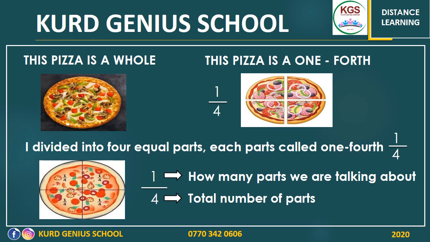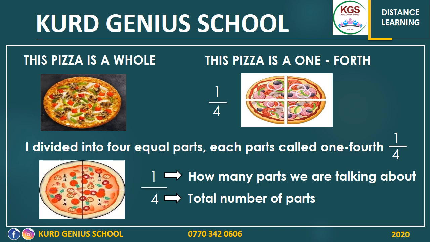But if I want to share with my friends, I want to split the pizza into four parts, like this. Each part called what? Each part called 1/4. This is the structure of 1/4. One means how many parts we are talking about. Four means the total number of parts.